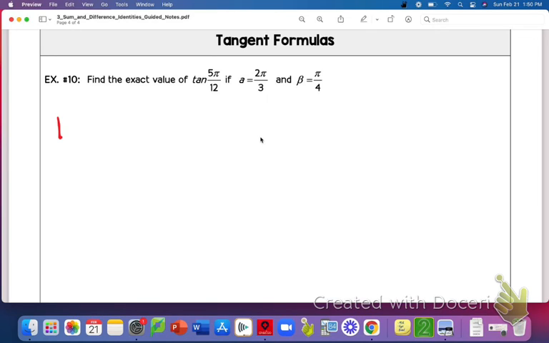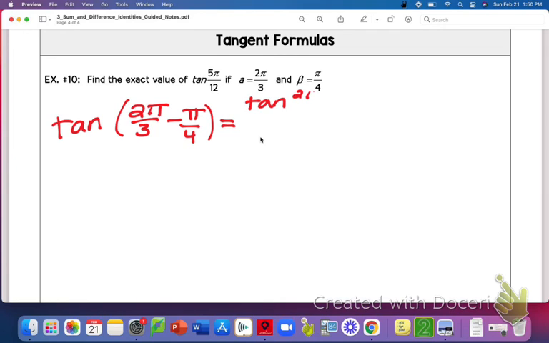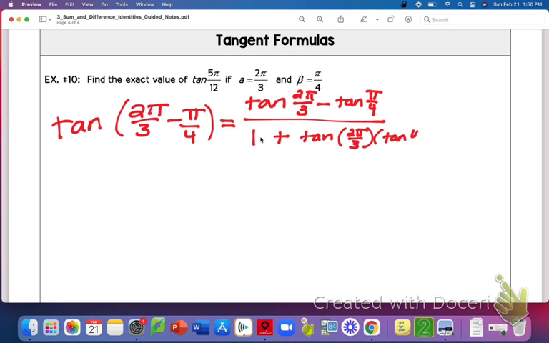So the tangent of 2 pi over 3 minus pi over 4, going right to that formula on the first page, means we're going to do the tangent of 2 pi over 3 minus the tangent of pi over 4, all over 1 plus the tangent of 2 pi over 3 times the tangent of pi over 4.